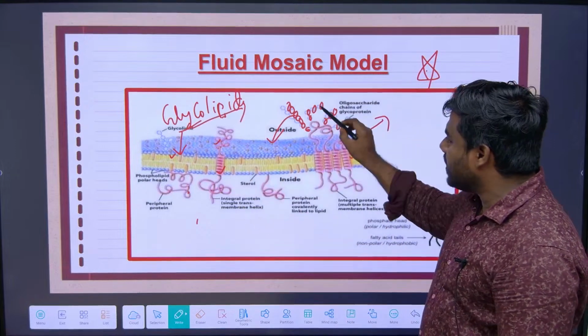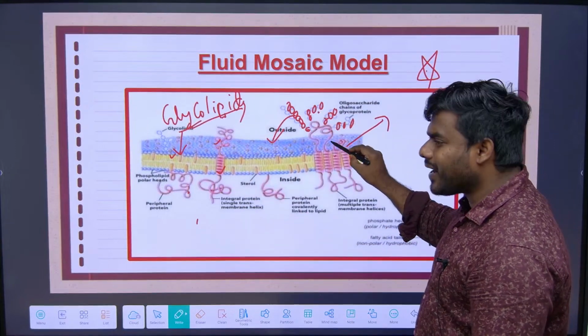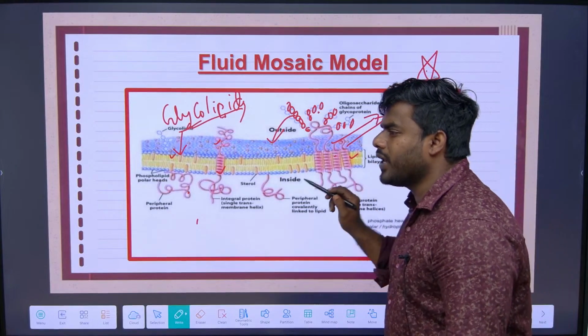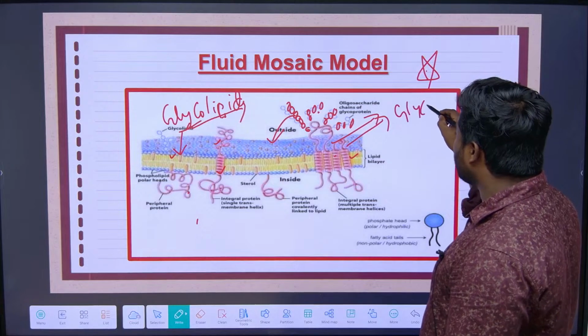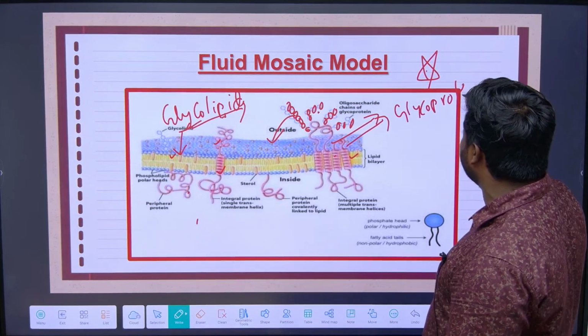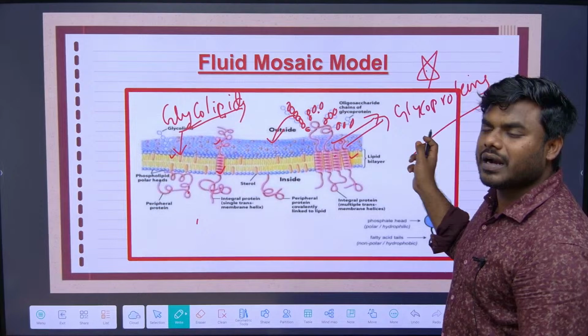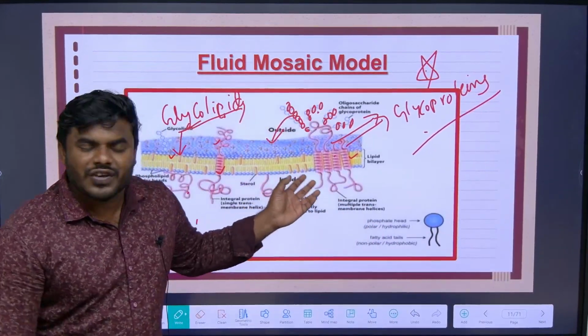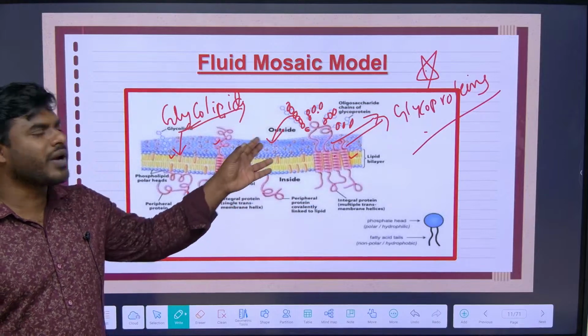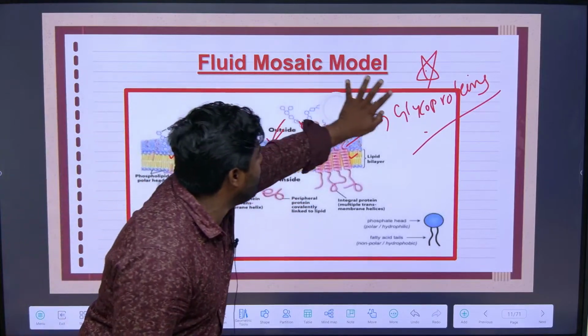And sometimes sugars are directly attached to the protein. Correct? Why are they directly attached to the protein? Because they attach through a specific linkage. Those are said to be what? Glycoproteins. There was a question asked in the exam, which kind of sugars are most predominant on the plasma membrane?